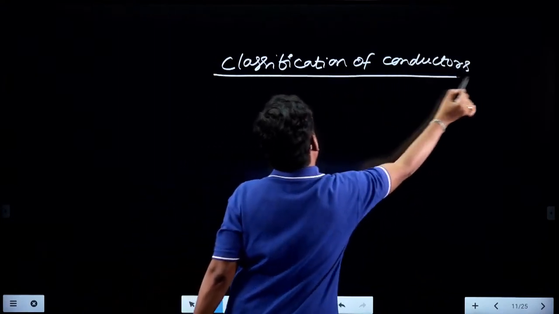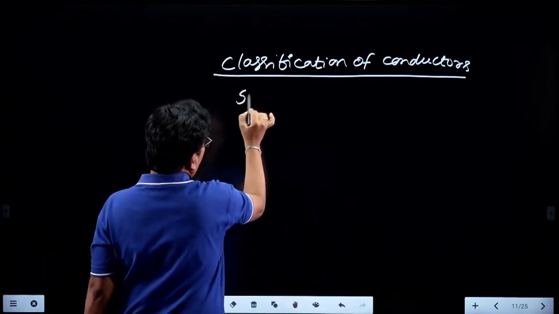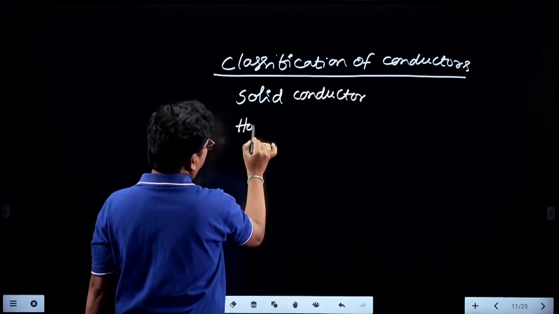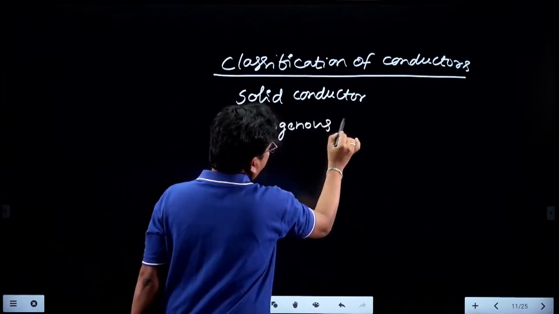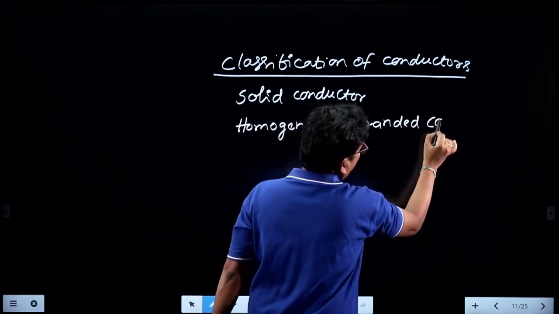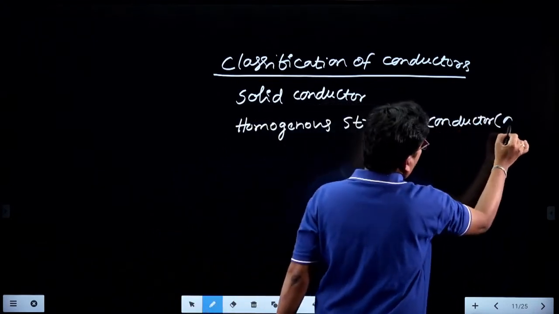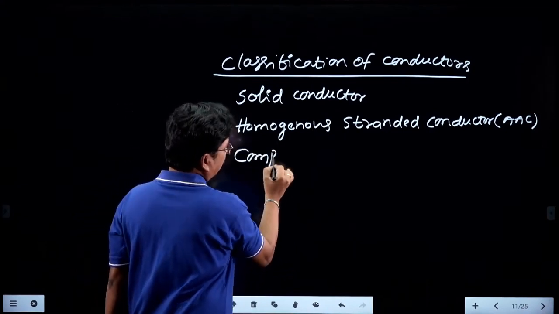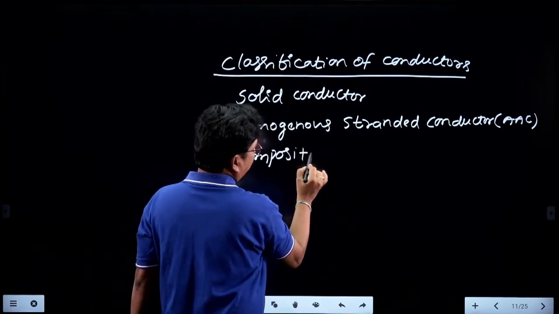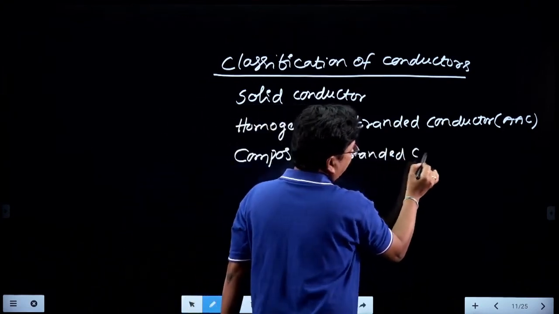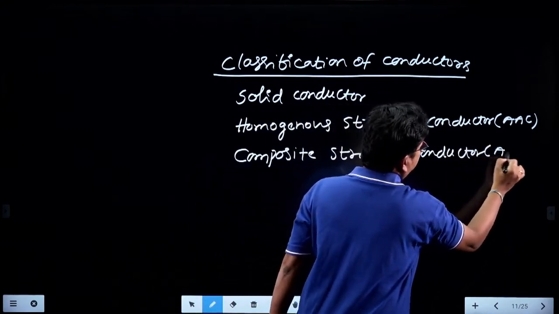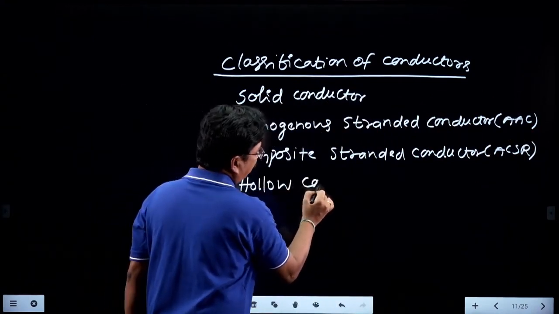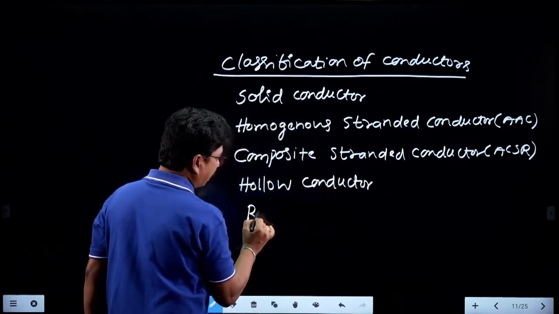If you see, the conductors are classified, first of all, as a solid conductor, and the next one is the homogeneous stranded conductor, or we can call it an all aluminum conductor, and the composite stranded conductor, which we can also call the ACSR conductor, and we can have the hollow conductor, and finally the bundle conductor.